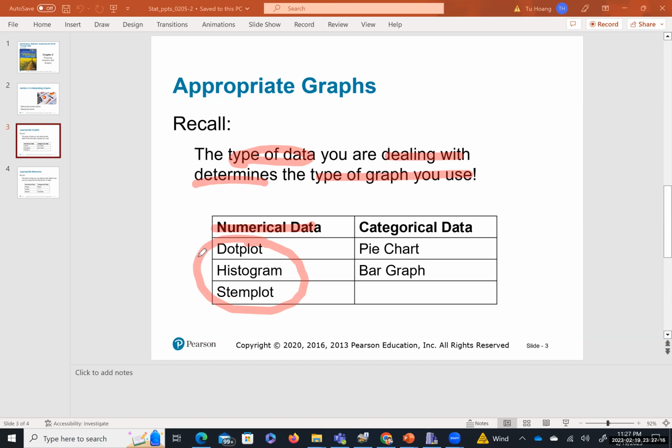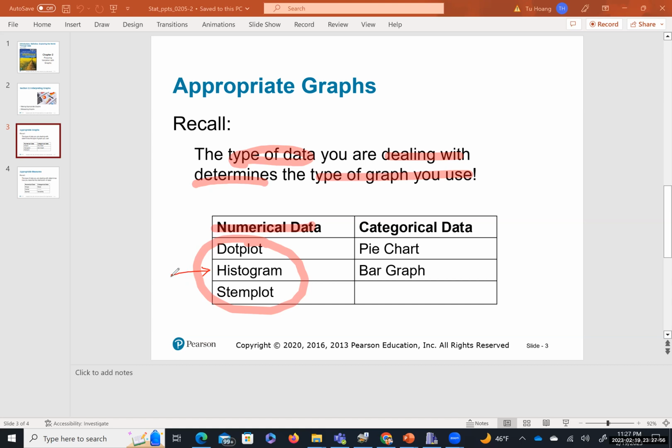It also depends on how many data values we have, and whether you have technology in your hand. So you're going to decide which one you should go with. Keep in mind that a histogram is very common for numerical data, and you can use it for a small amount of data or for a lot of data, that's fine.